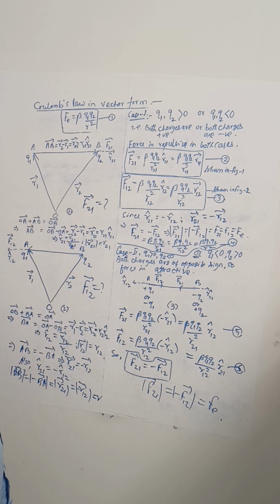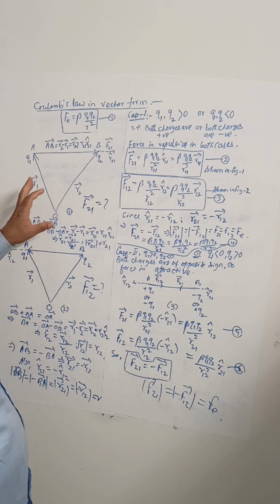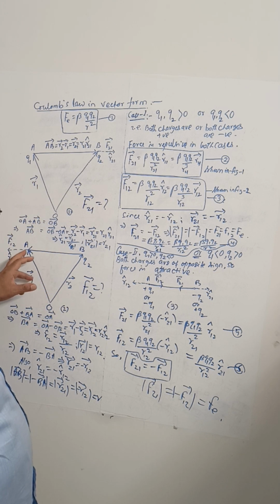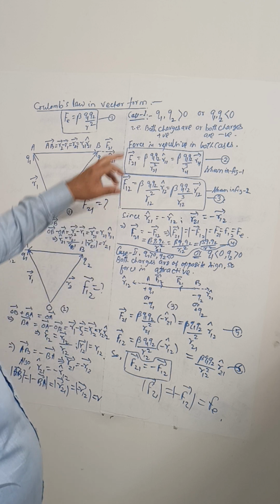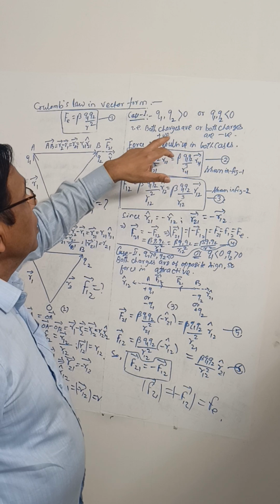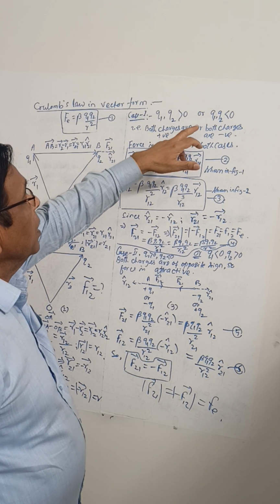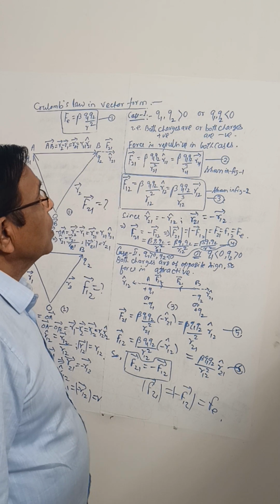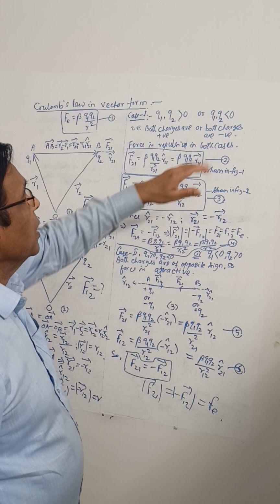Now using these relations, let us calculate the force on Q2 due to Q1 and also the force on Q1 due to Q2. Let us take case 1, where Q1 Q2 is greater than 0, that is, both charges are positive, or both charges are negative.